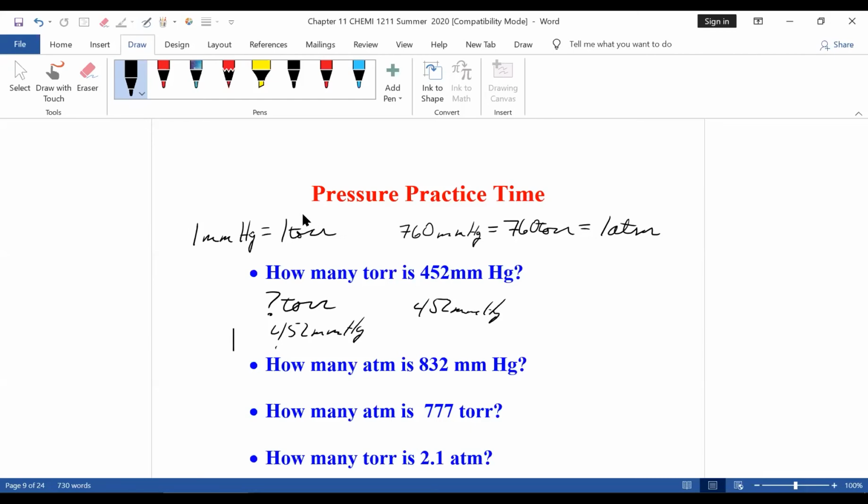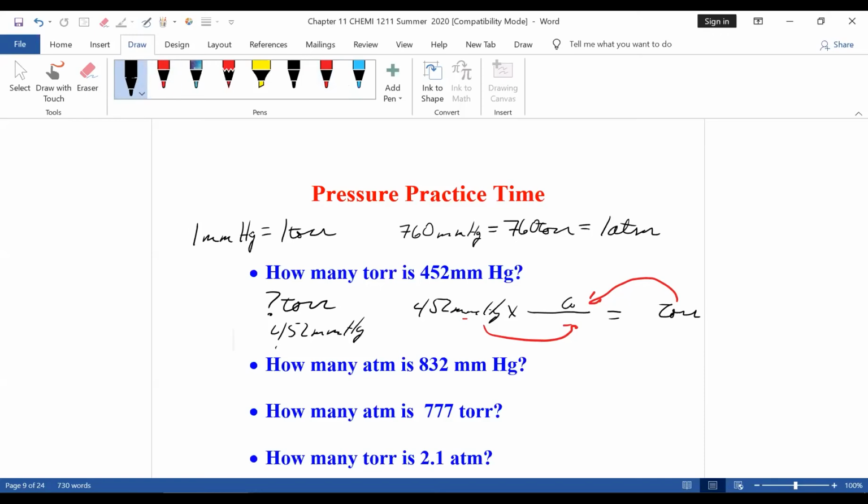Here's what we start with. What do we want to get to? We'll use unit analysis. Whatever we're trying to get to goes on top of the ratio. Whatever we want to get rid of goes underneath.